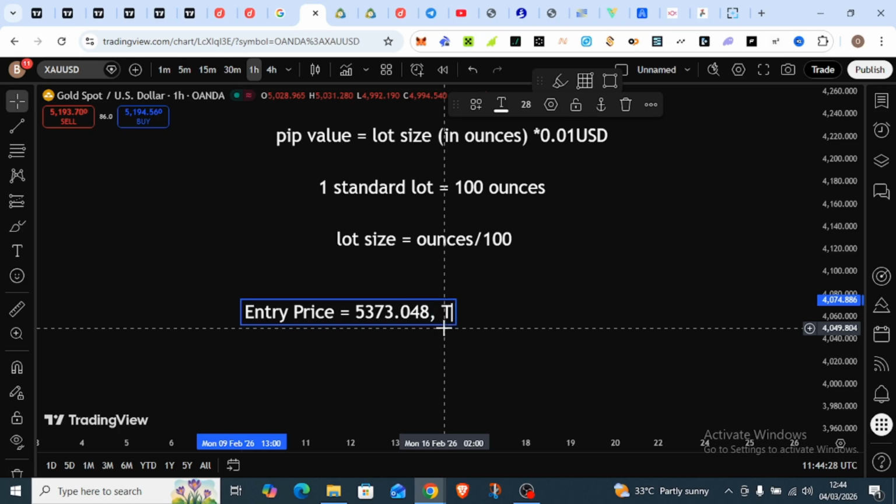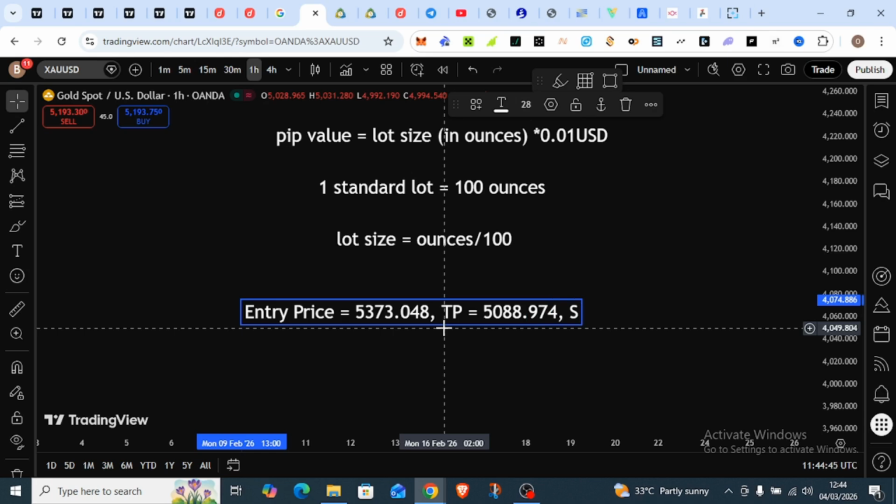Then we have take profit price, which is indicated as TP here, as 5088.974.